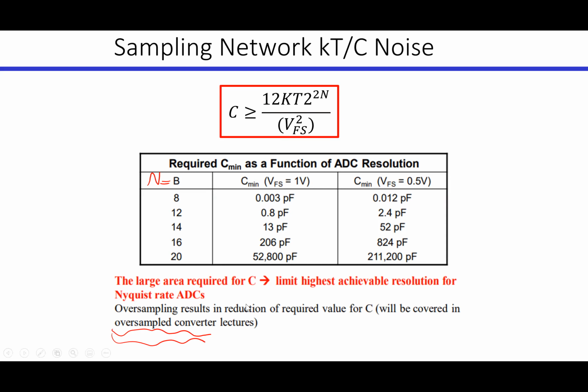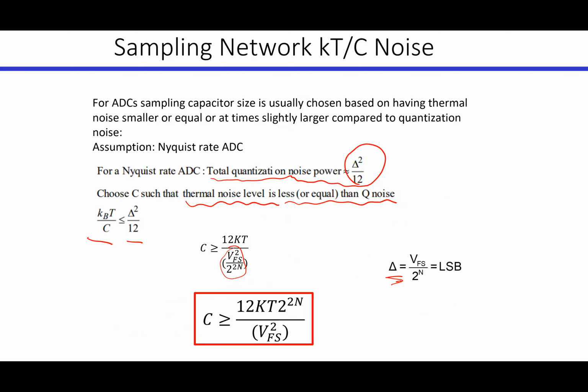Ma'am, I have 2 questions. One from the previous one: basically we have to choose a capacitance value such that the thermal noise is less than the quantization noise. Could you please explain why we need to do that? You need to do that because you don't want to ruin your design.